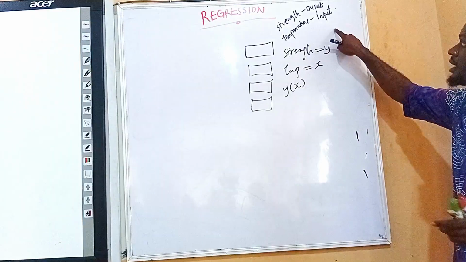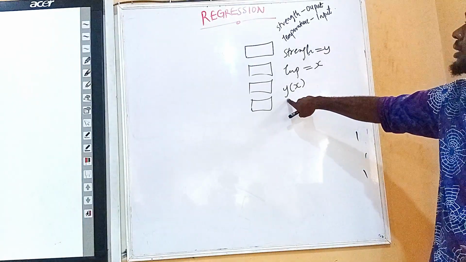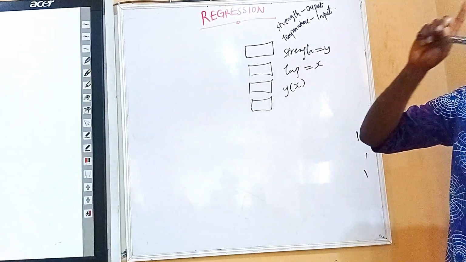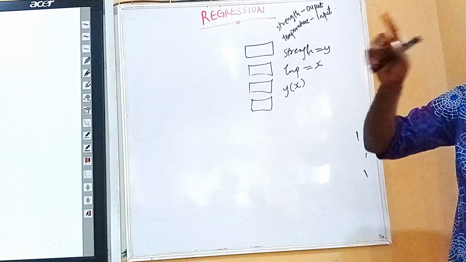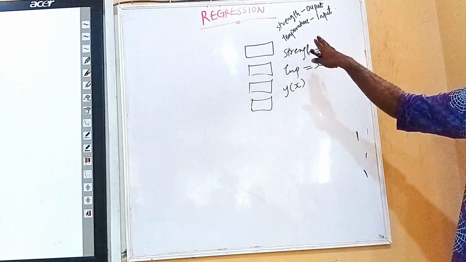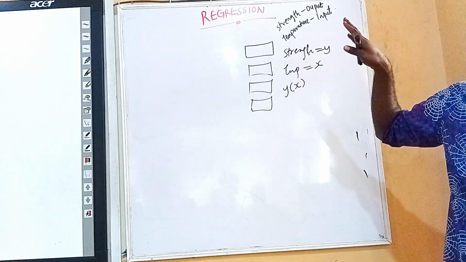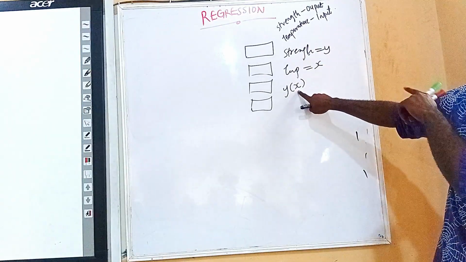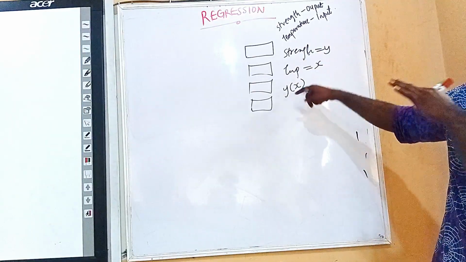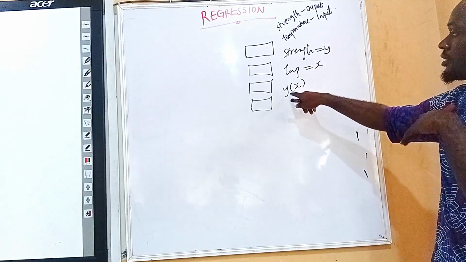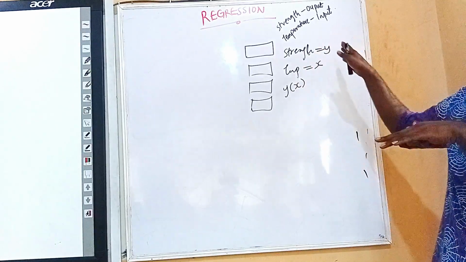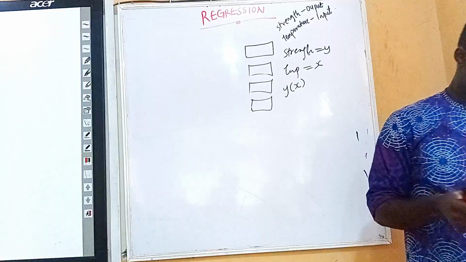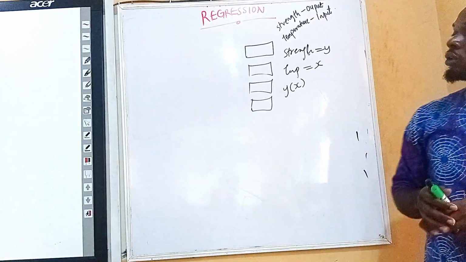So in this case now, the output strength depends on only one variable. So in this case, we call it simple regression, since we are working with only one independent variable. But in real life, it doesn't occur like this. It depends on more than one variable. So it's called simple linear regression model.